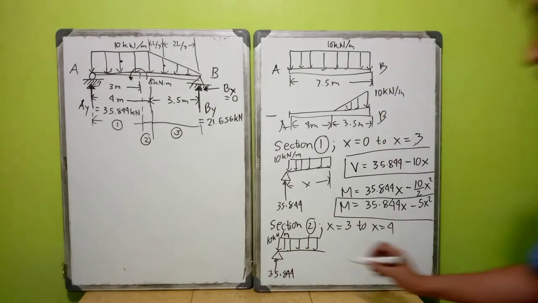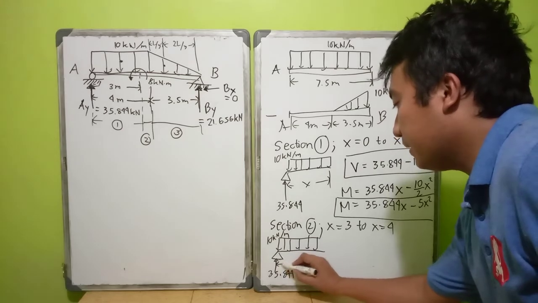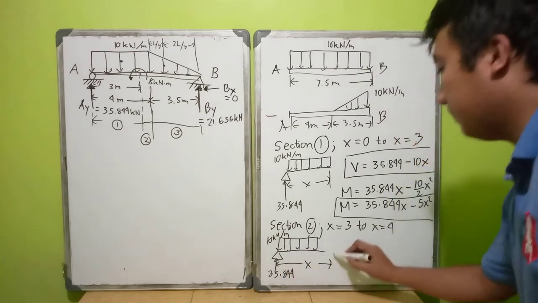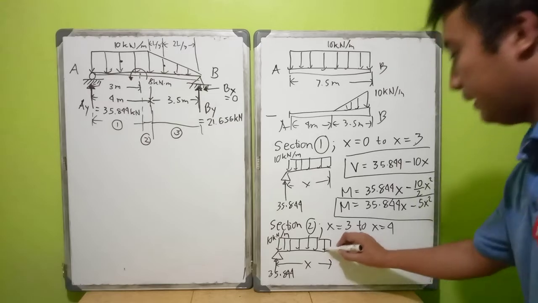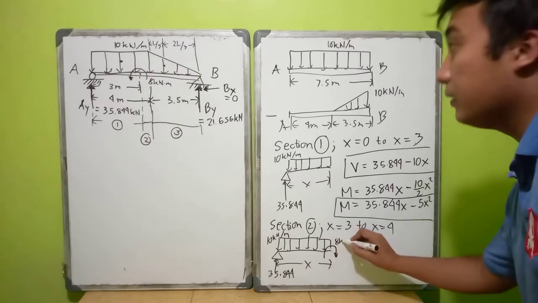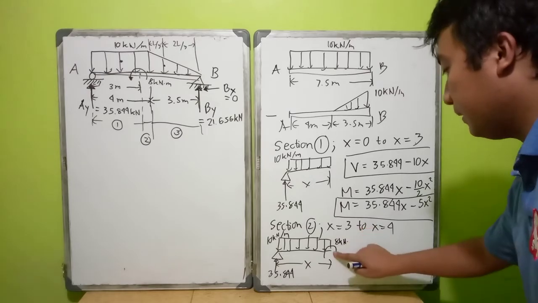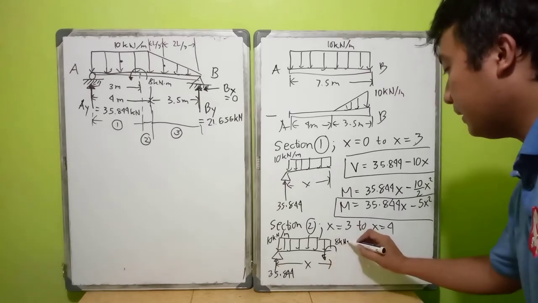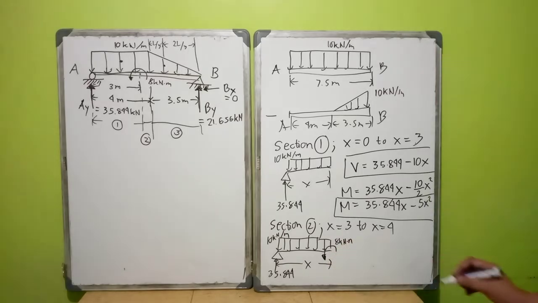So we already finished that. The x here starts from the leftmost support until such a time that there will be the 8 kilonewton meter load. This is the direction, the 8 kilonewton meter load.